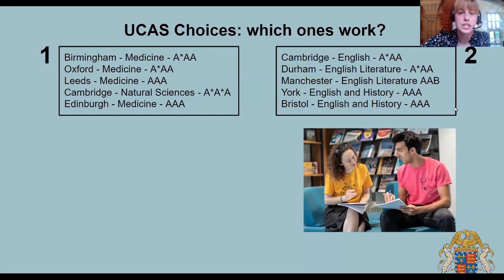We have some responses in the chat already. Yes, people are saying yes. Interesting that we have here, because although let's imagine that one of the Cambridge or Oxford ones in the first example was replaced by another university, so that we wouldn't have had the invalid choice of both of them.